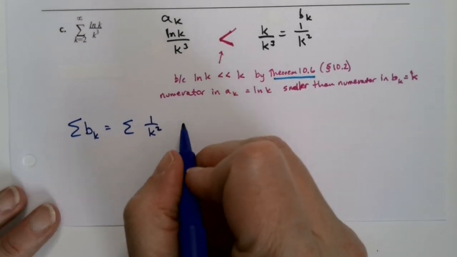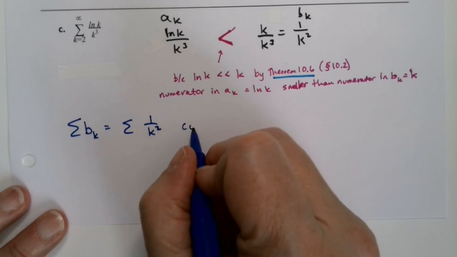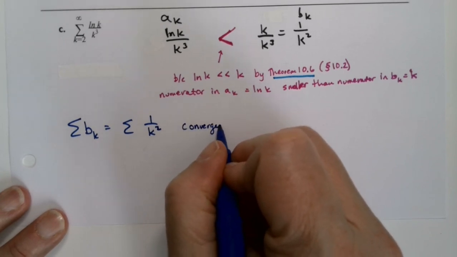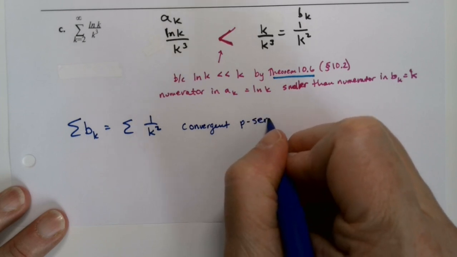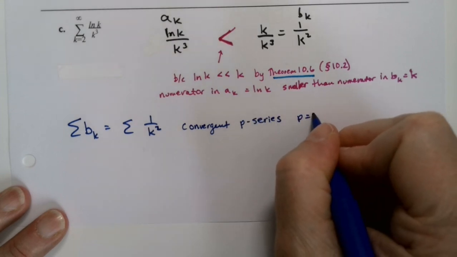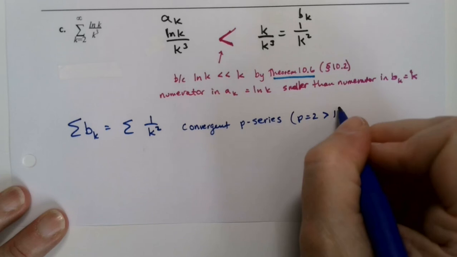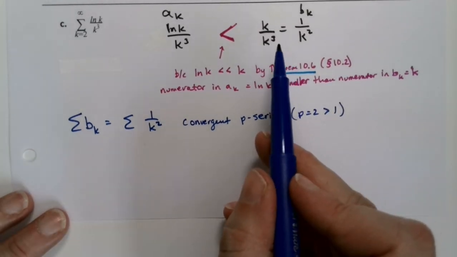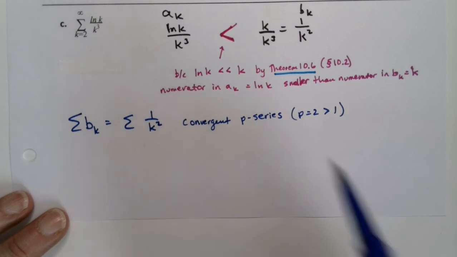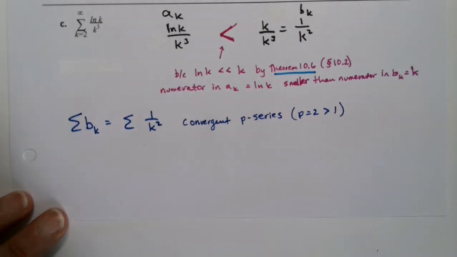But that's a convergent p-series, because p is 2, which is greater than 1. Right? And since the larger series is converging, that will force the smaller series to converge too.